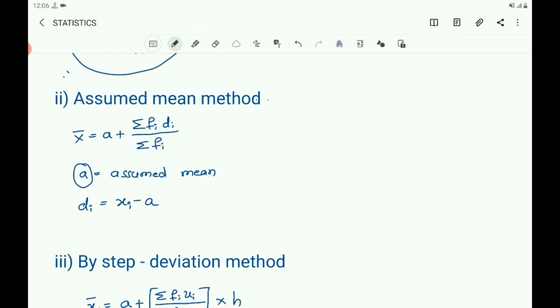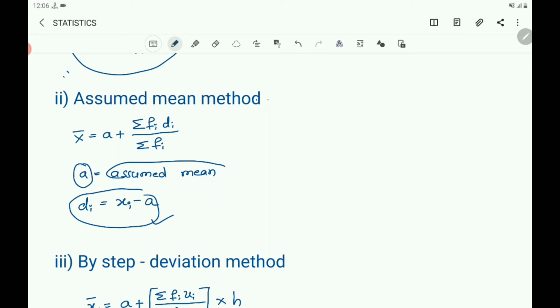The next step is to find the deviation di. After assuming the mean, we find the difference between a and each of the xi's, that is, di equals xi minus a.